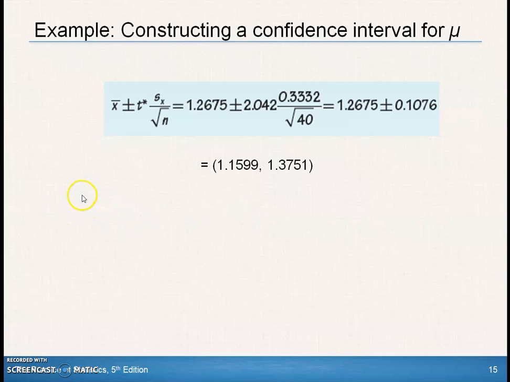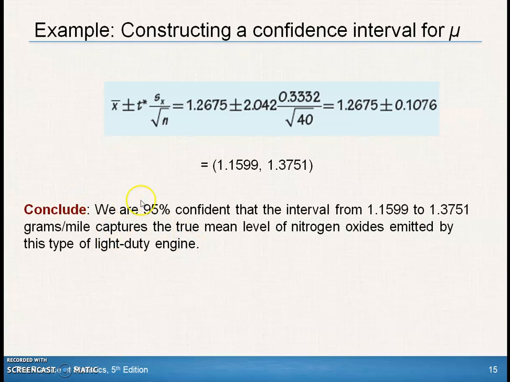How do you state that? It's always the same. We are 95% confident that the interval from 1.1599 to 1.3751 grams per mile captures the true mean level of, going back to the problem, nitrogen oxides emitted by this type of light-duty engine.